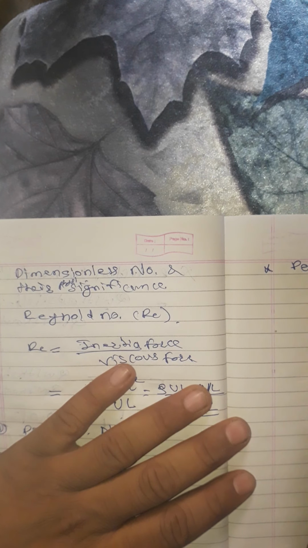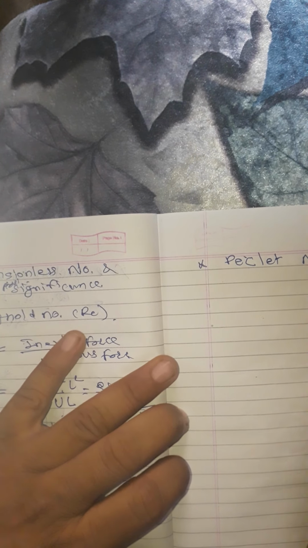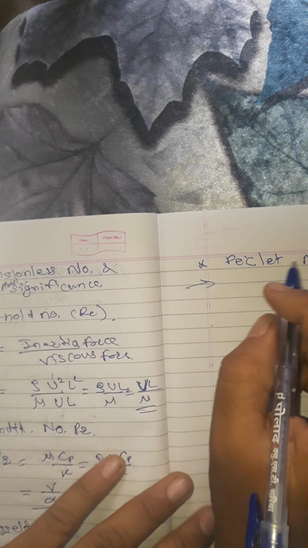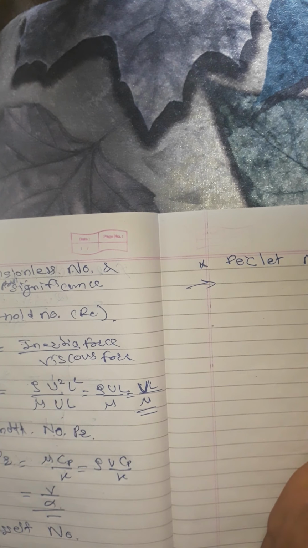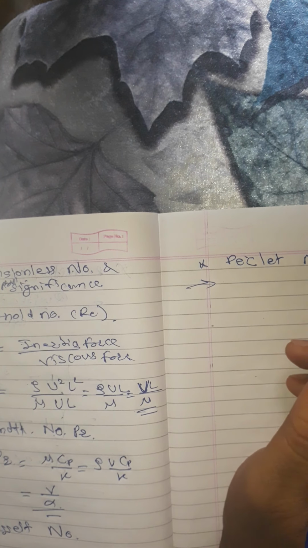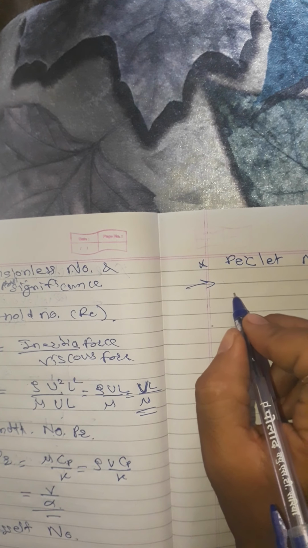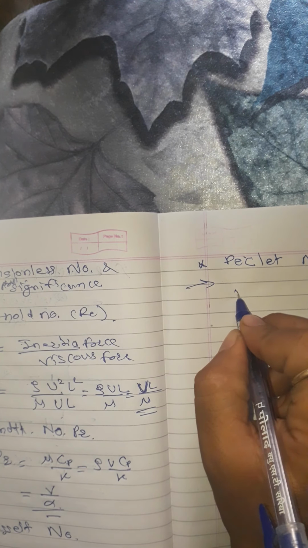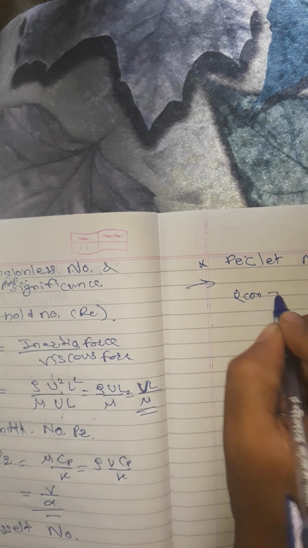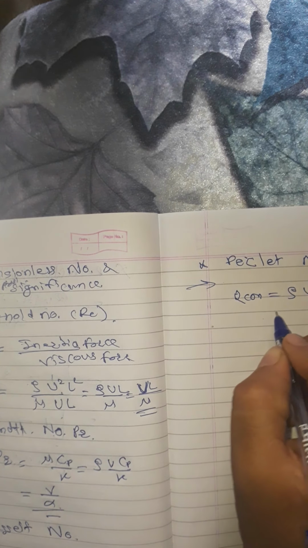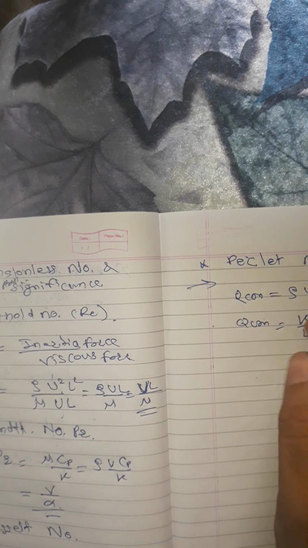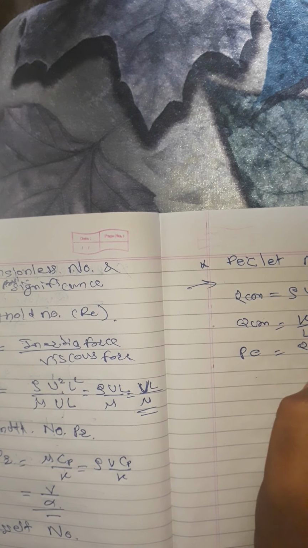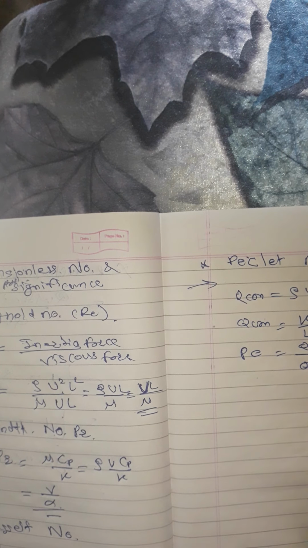Next, Peclet number, denoted by Pe. It is the ratio of the mass heat flow rate by convection to the heat flow rate by conduction under a unit temperature gradient and through thickness L. Suppose Q convection is equal to rho u Cp, and Q conduction is equal to k by L. Then Pe is equal to Q convection divided by Q conduction, which is equal to L u by alpha.